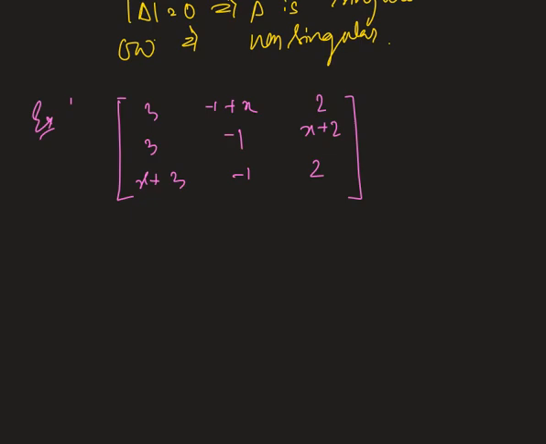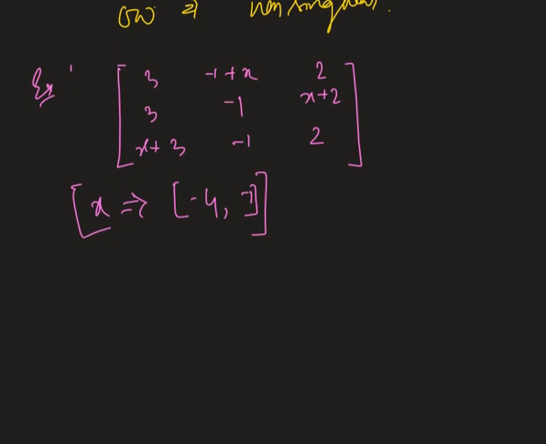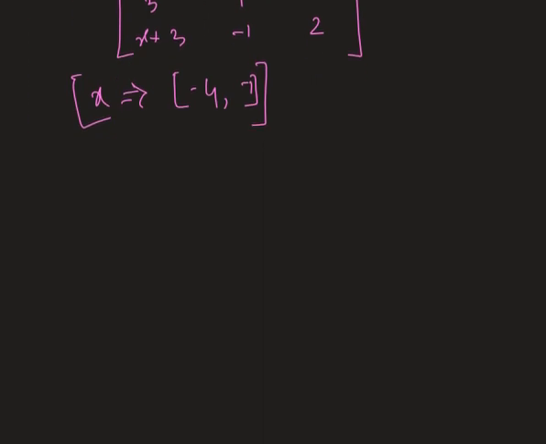We have been told that this is a singular matrix, and we need to find how many values of x lie in the closed interval minus 4 to minus 1.